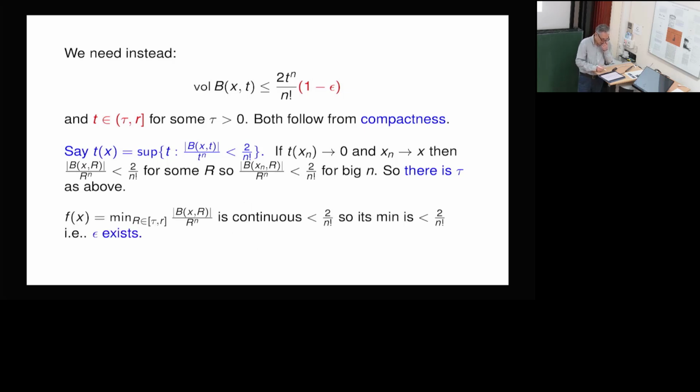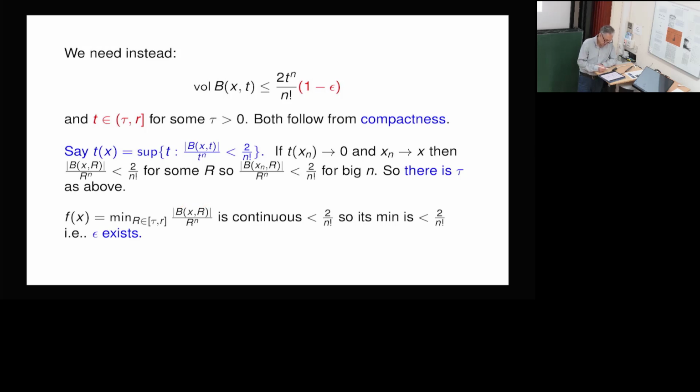But now, the second problem is this existence of epsilon, right? But this function is continuous and is less than 2 over n factorial, where we pick the right r for each x, right?